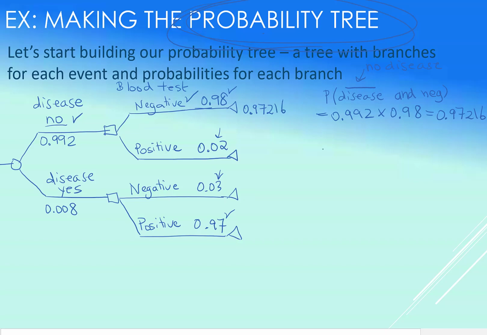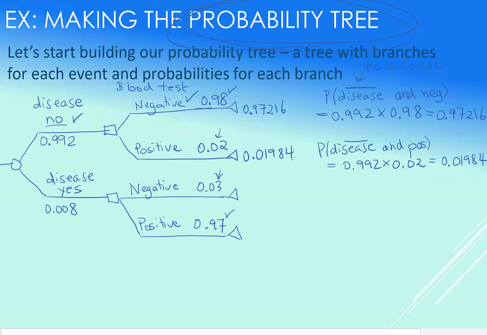Okay, next one, probability of no disease and positive is going to be the 0.992 times the 0.02. Okay, which gives 0.01984. So I'm going to put that right here.